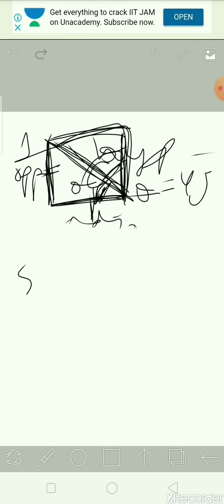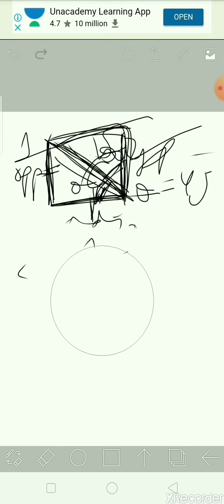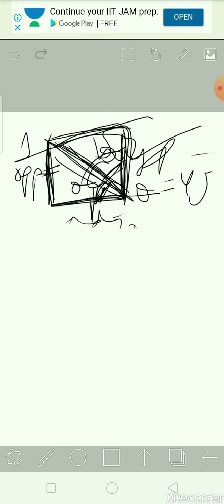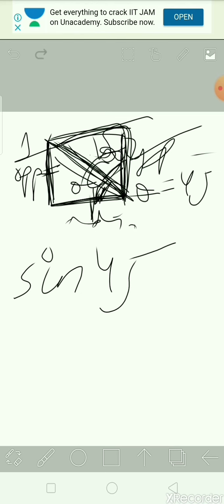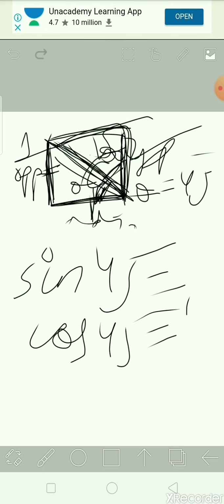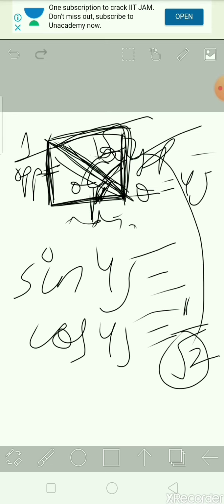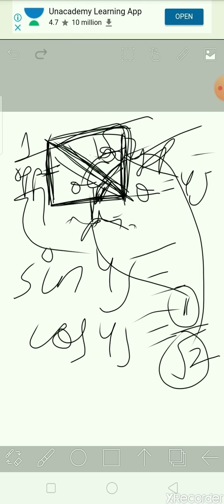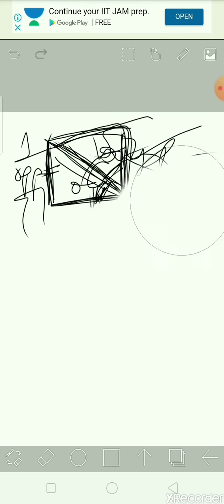So hence we get sine 45 degrees equals cos 45 degrees, that is 1 by root 2, and tan of 45 degrees equals 1, as sine of 45 degrees by cos of 45 degrees is 1.